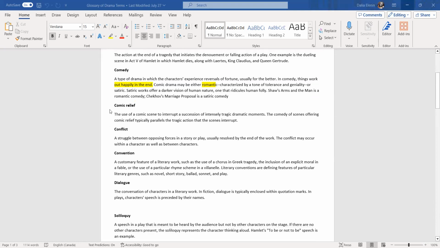Okay, we have also the terminology comic relief, which is the use of a comic scene to interrupt a succession of intensely tragic, dramatic moments.